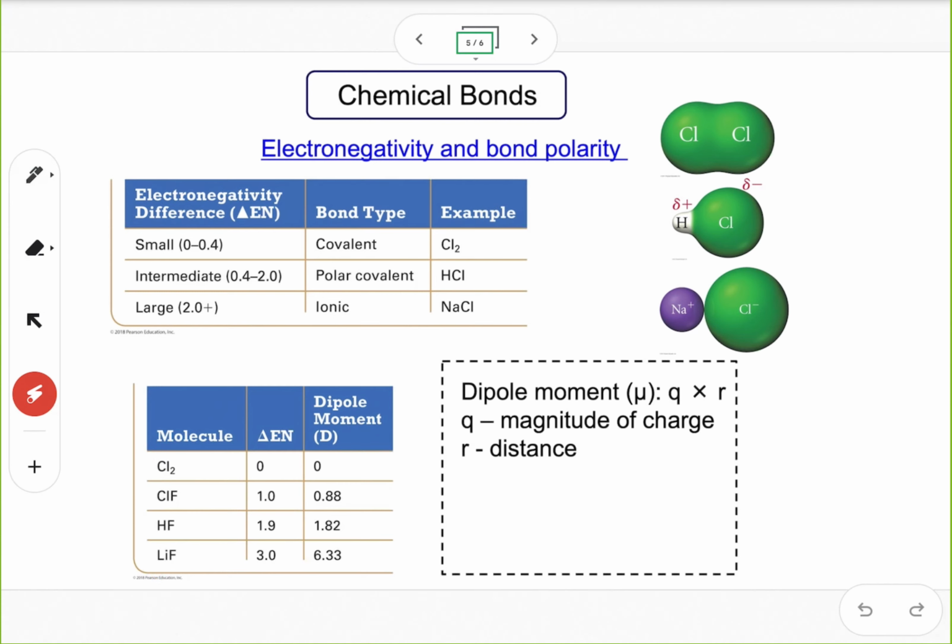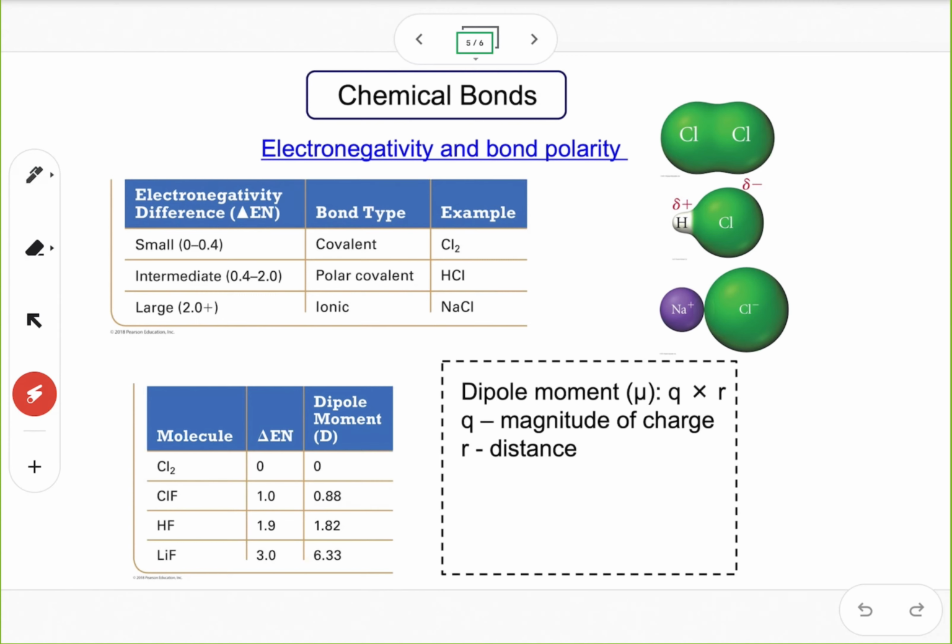This table shows you the delta EN of four compounds, okay, and also the corresponding dipole moment of them. Okay, well, as you notice, for chlorine the delta EN is 0, so for the chlorine-chlorine bond, it's nonpolar, so the dipole moment is 0. For ClF, delta EN is 1.0, okay, and the dipole moment is 0.88.